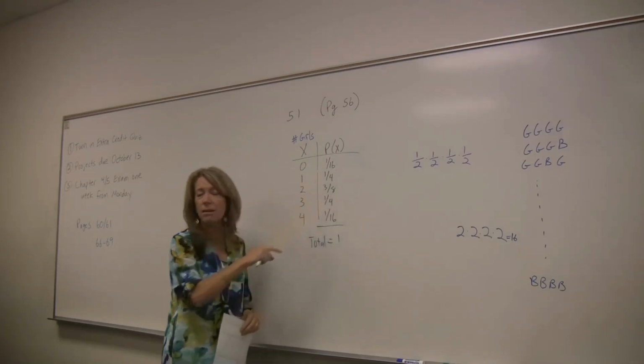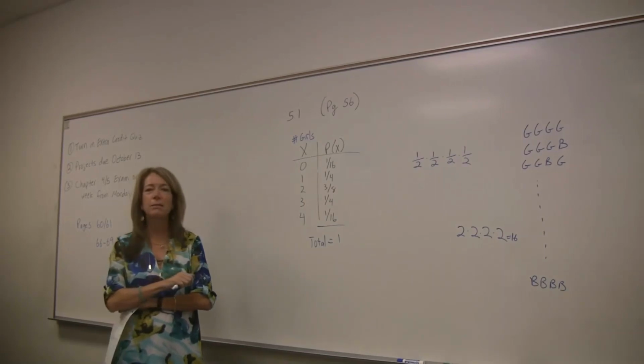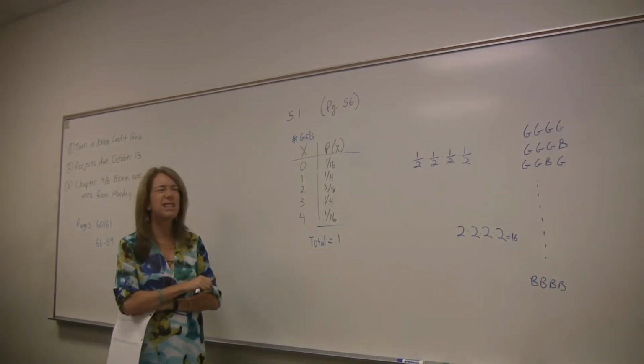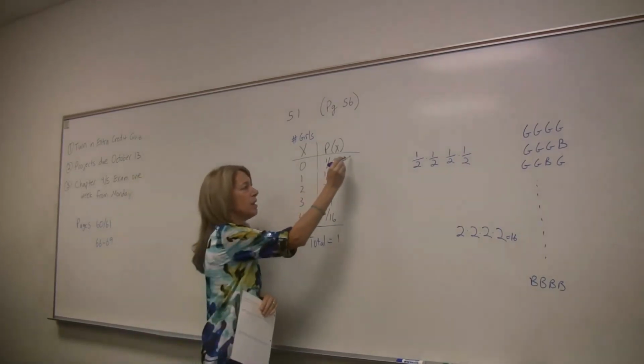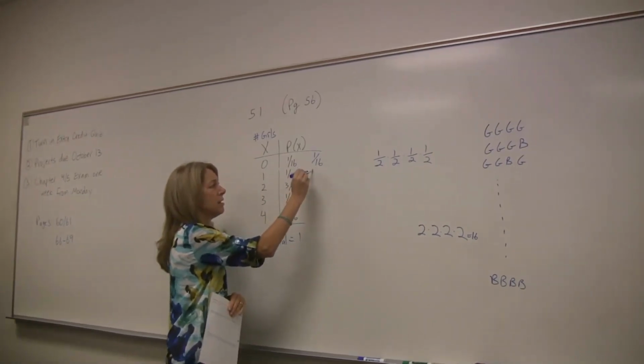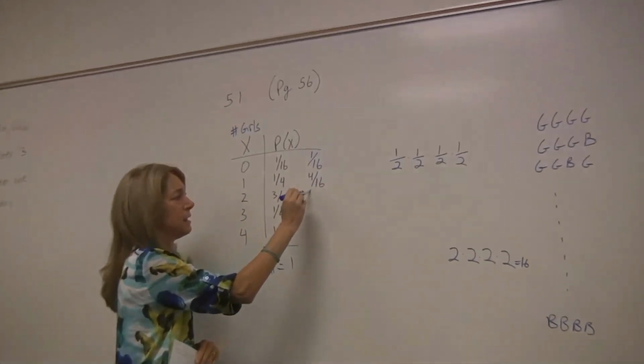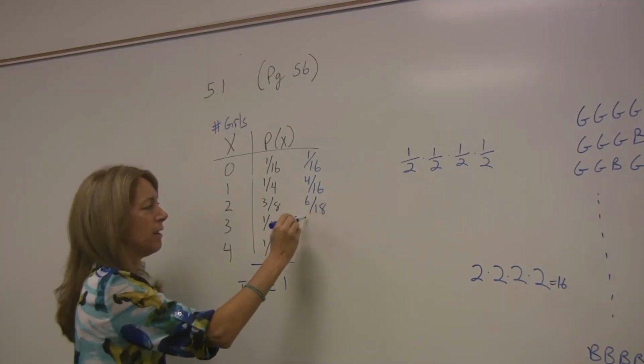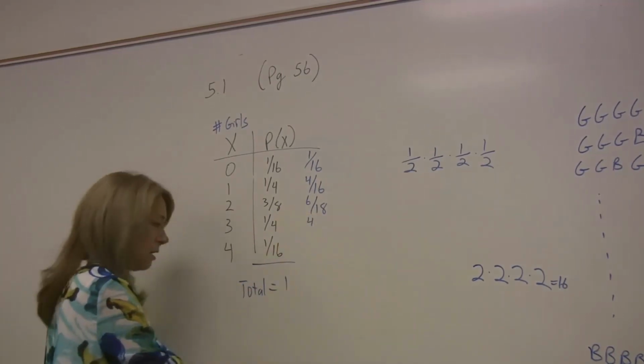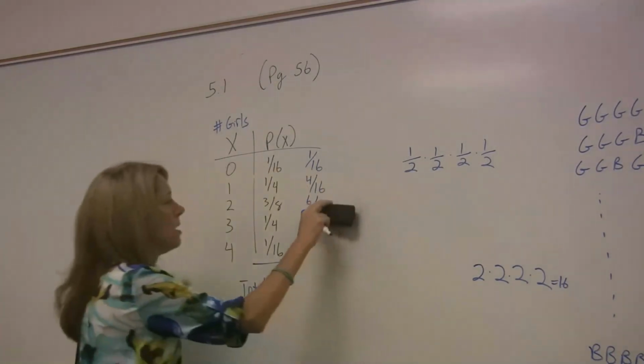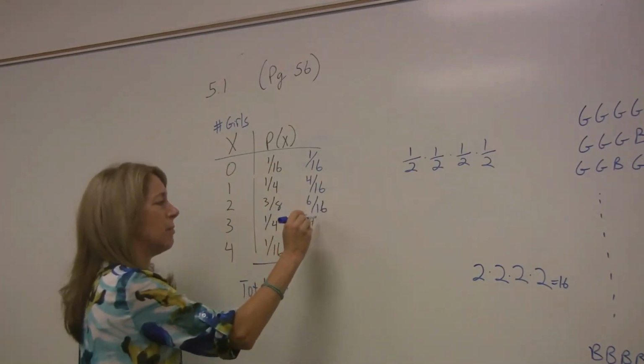To verify that, we would have to get a common denominator, add them all up. Let's do that real quick. This is already out of 16. This is 4 out of 16. I'm multiplying by whatever I need to get a common denominator.